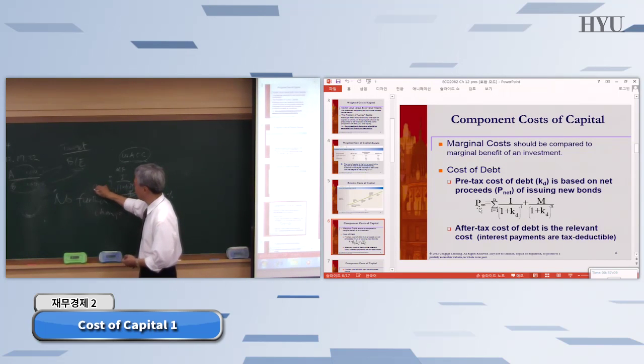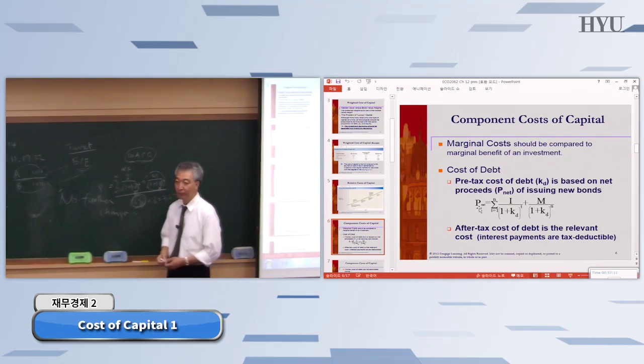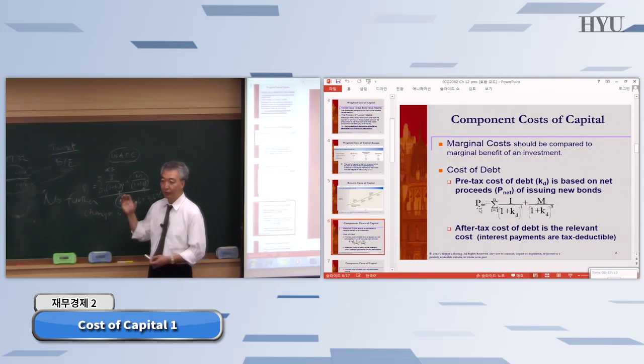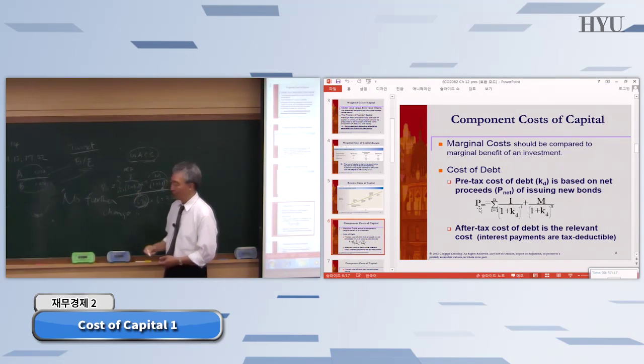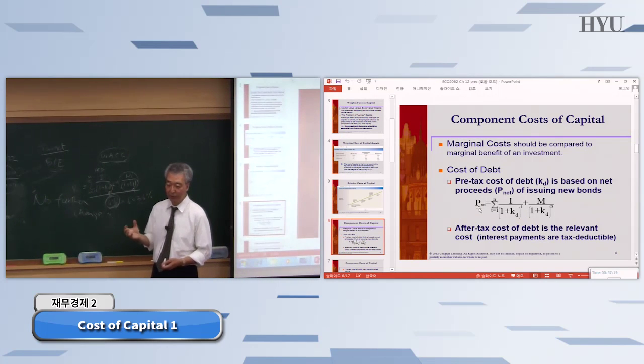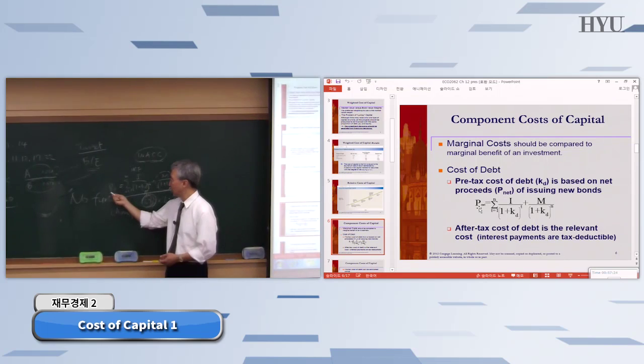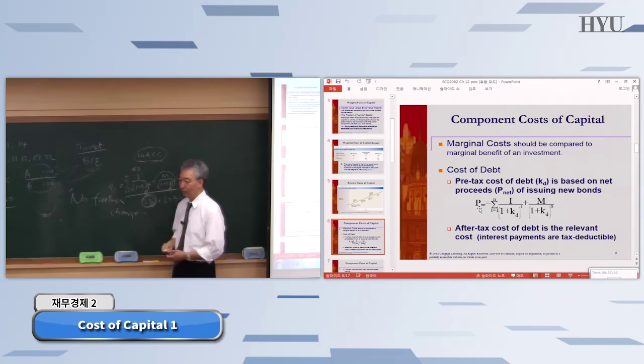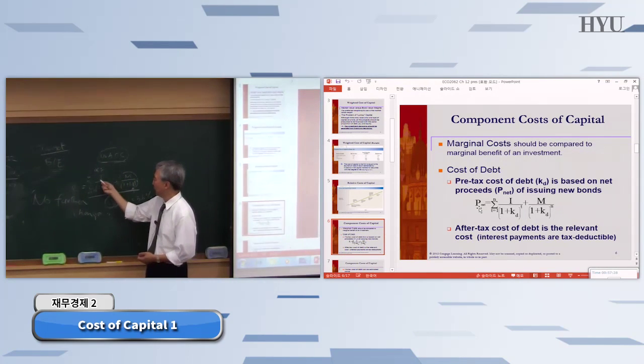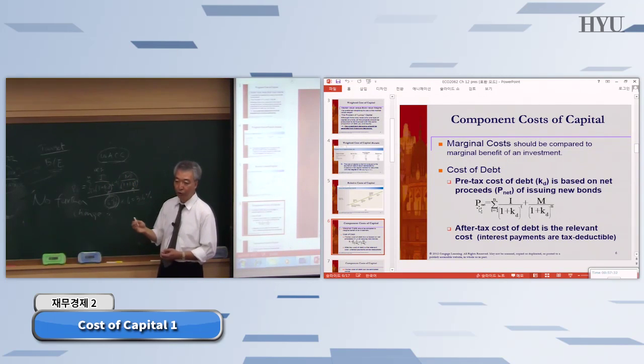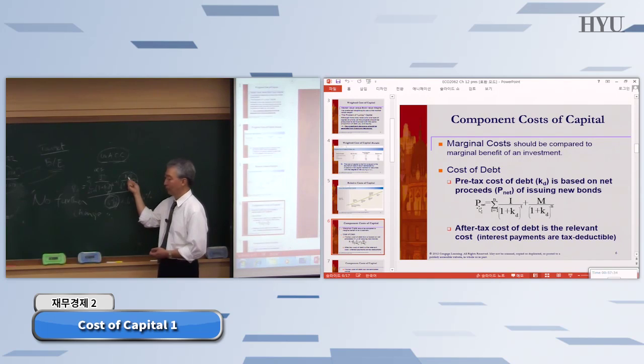In the previous discussion of bonds, we were on the side of the investor. If you were an investor, when you purchase the bond, you pay a certain amount of money, you receive interest payments, and when the bond matures, you get $1,000 back.